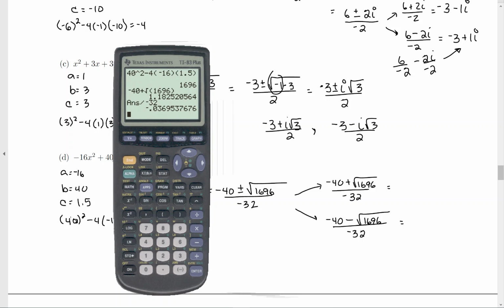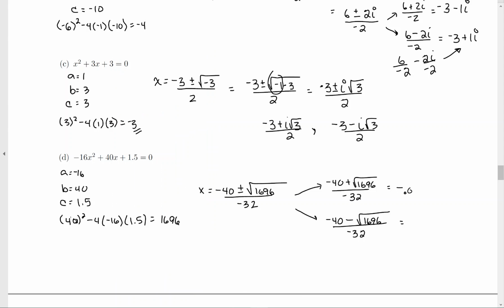So a negative 0.037. Which in terms of the word problem isn't going to work because our answer was in seconds, I believe. But let's take a look at the next one here.